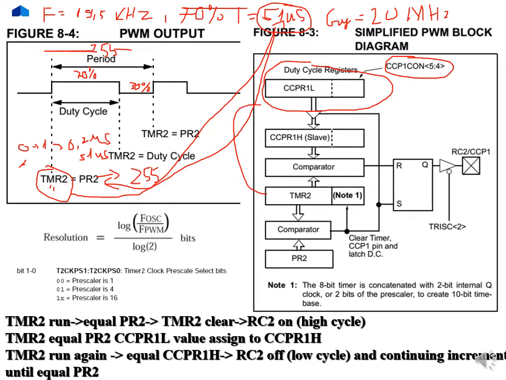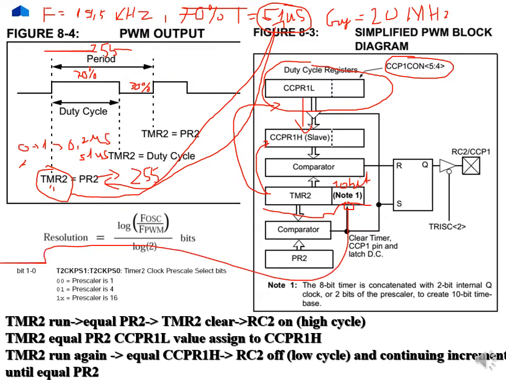Please remember that when timer 2 compares with CCPR1L here, CCPR1L is loaded to CCPR1H here, so actually timer 2 will compare with CCPR1H. The timer 2 here will become 10 bit.